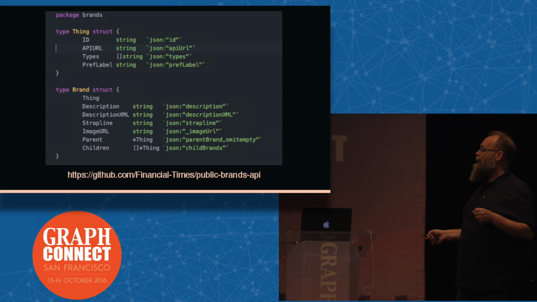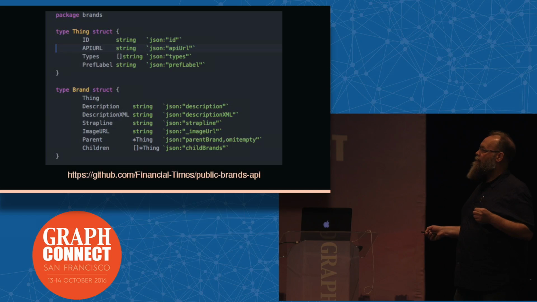So we have a thing called a brand, which represents various brands that we write about. So the Financial Times is a brand, and we have sub-brands. Most brands have strap lines and all this kind of stuff, might have an image with it, have relationships with parents and children. But they have a thing. And the reason why we have a thing is that it means that the brand writer, or anything, in fact, that is writing one of our nodes, knows how to read and write things.